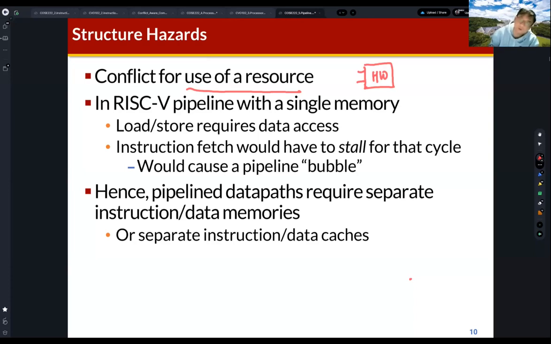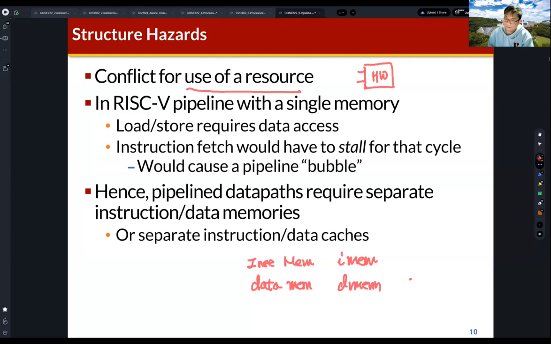Actually, when we learned about the single cycle processor, there were two kinds of memories, right? Instruction memory and data memory, so IMEM and DMEM.